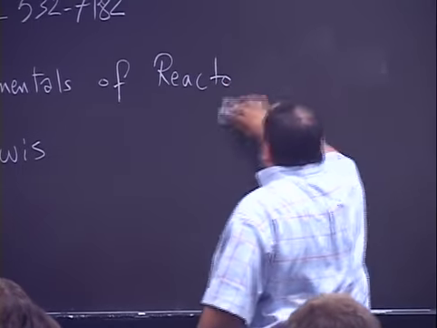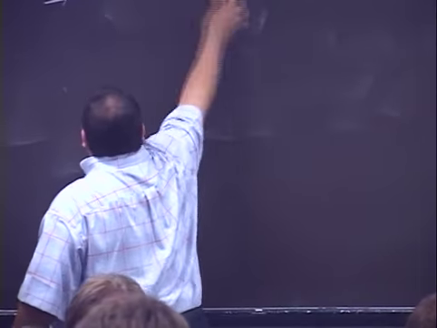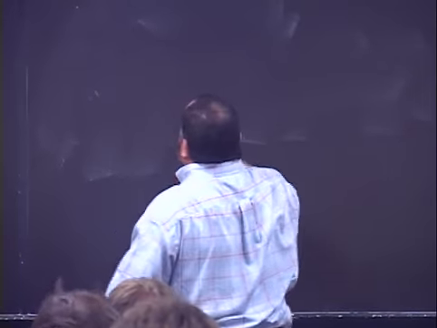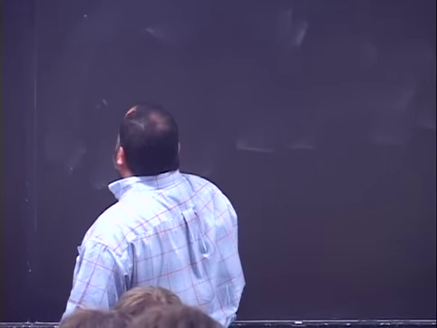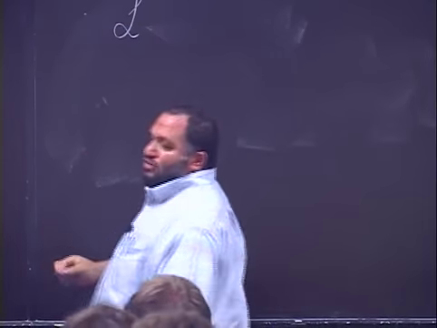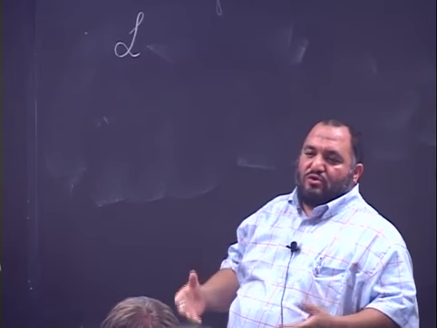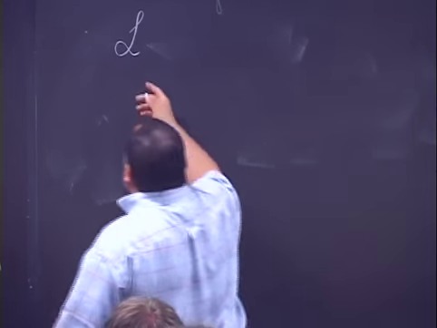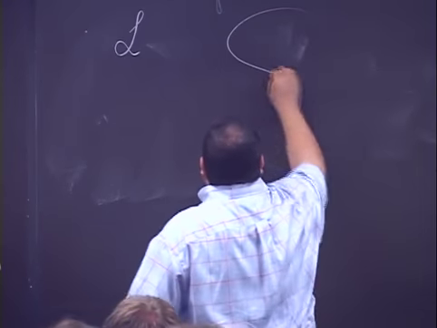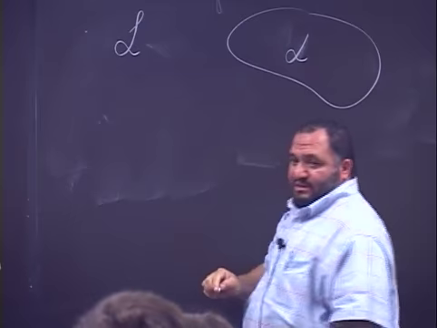So the continuity equation: let's say that you have any physical property of interest, and let's say the physical property is L. You want to know how this property changes, so you have what we call the continuity equation. Let's take a control volume and look at this L here.